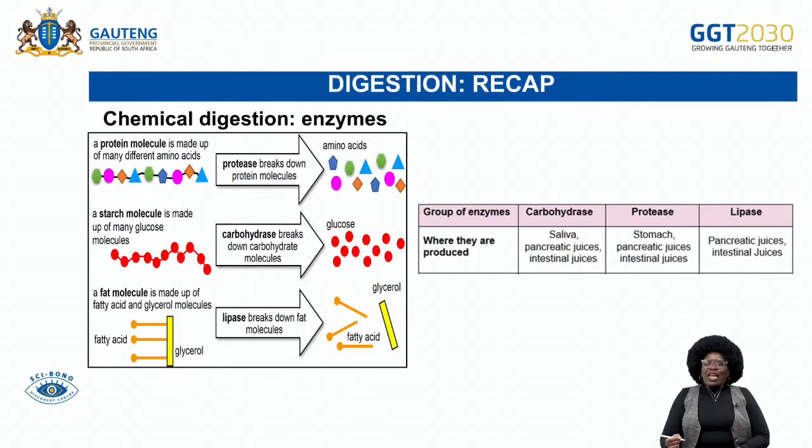Let us now look at, recapping once more, chemical digestion. With chemical digestion, this is where we've got enzymes. Do you remember enzymes? Yes. They are chemical agents. They help to speed up chemical processes in the body, but they do not form part of the end product.